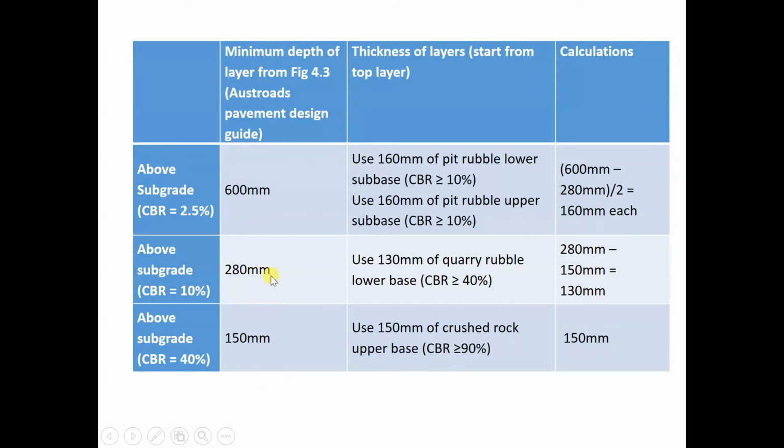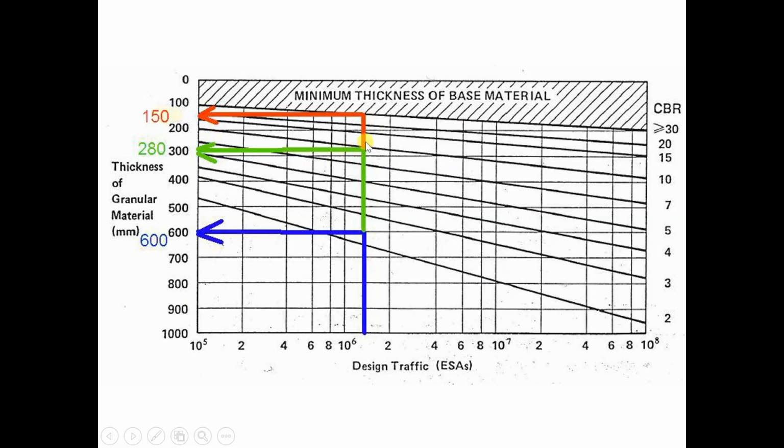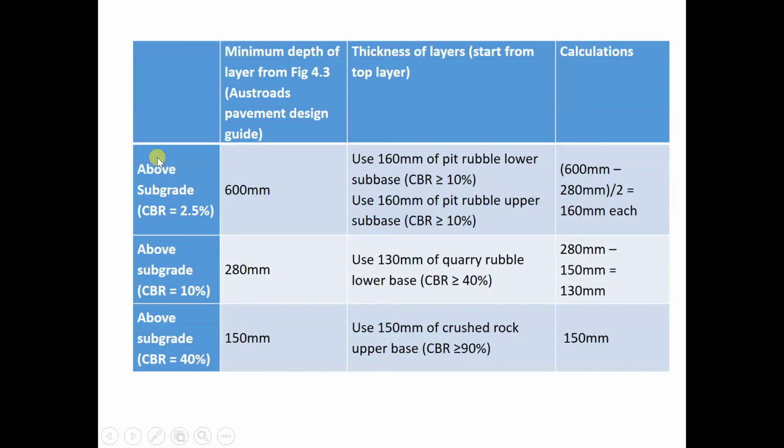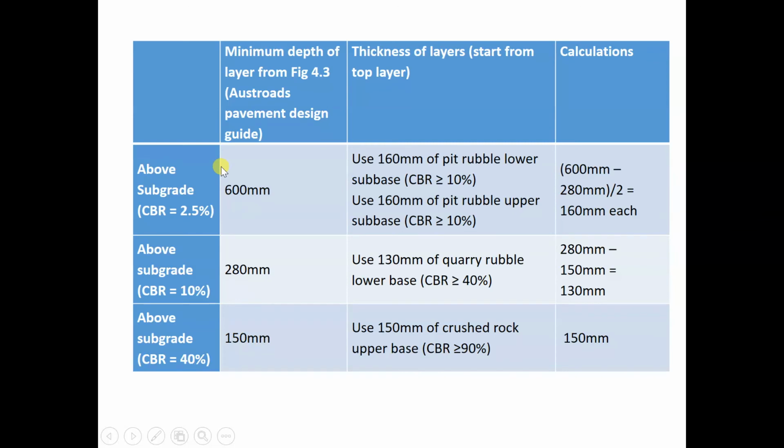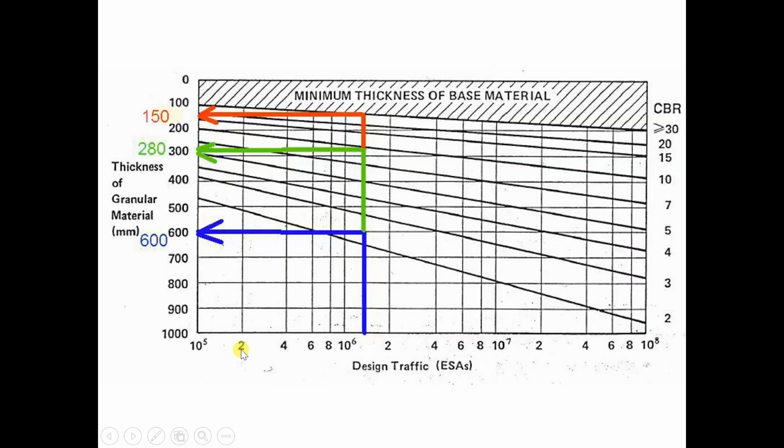We look at this column first, and then above subgrade of 10%, that means 10% is here. This one's 10, so we need a thickness of 280. Okay, 280. Above the subgrade of 40%, it is 150.